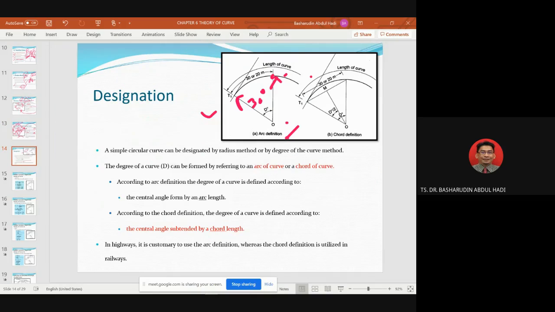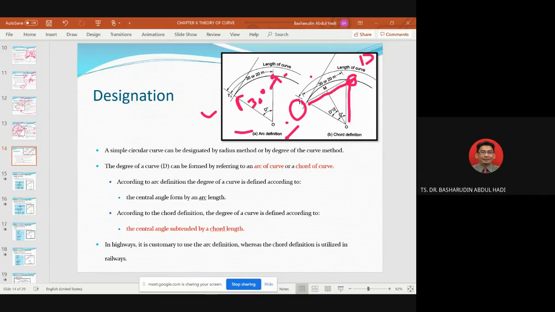That is the story about arc definition. And if we can say chord definition, don't worry, after this we will calculate chord definitions. It's something like this. You start from T1, you go to the center, maybe this one is point D. Then you connect T1 to point D. Alright?